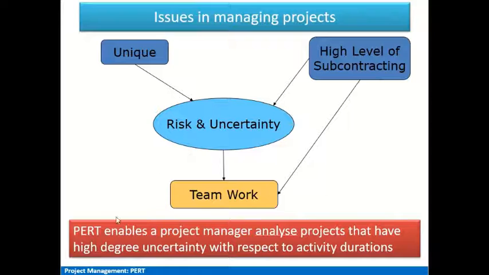So there is a technique known as PERT, Program Evaluation and Review Technique, which enables project managers to analyze projects which have in particular a high degree of uncertainty, and this uncertainty is analyzed with respect to different activity durations. We'll see more of how the PERT technique is used with an example in later slides.